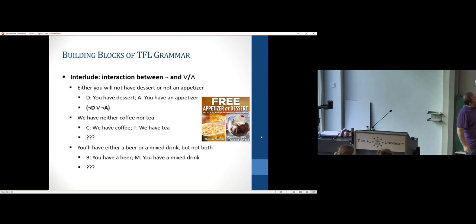In this case, either you will not have dessert or not have an appetizer, right? What is this equivalent to? Not having both, right? It's equivalent to not having both. So what would be another way we could symbolize this one?